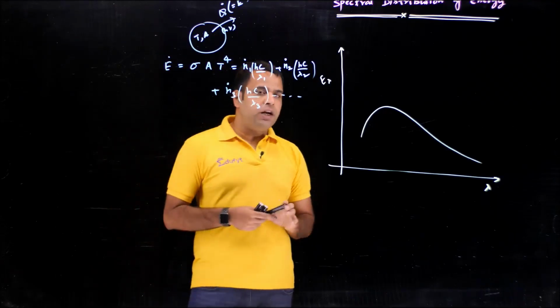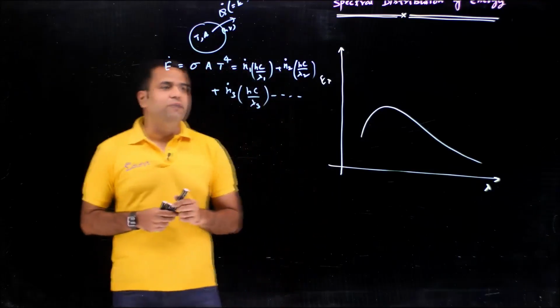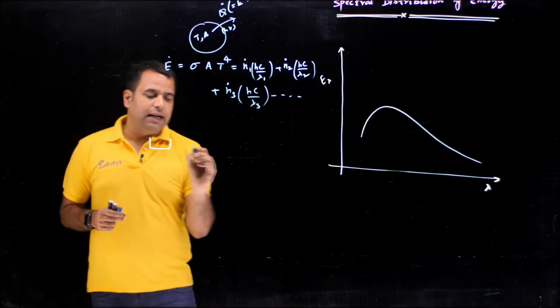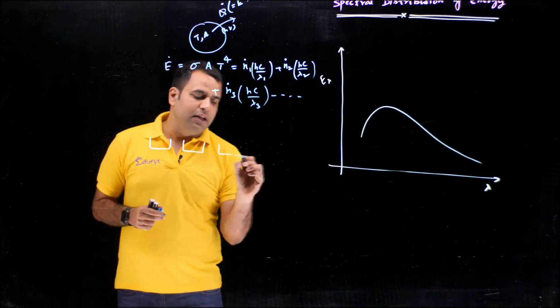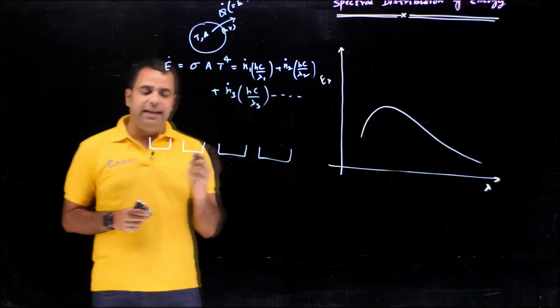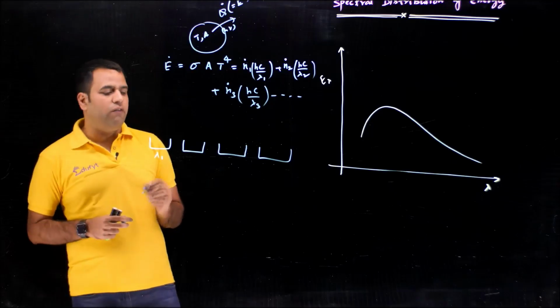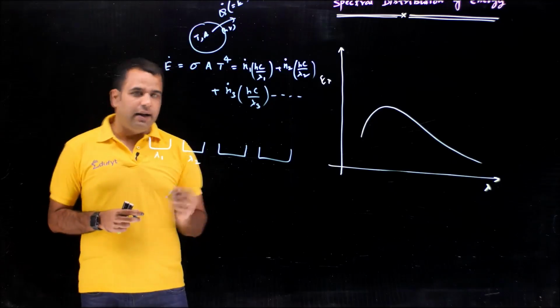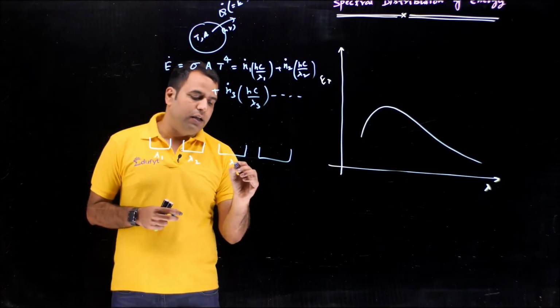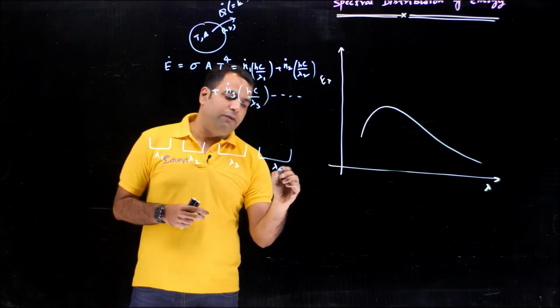This body is continuously throwing a lot of particles having different wavelengths. Over a period of time, suppose we collect those particles in containers: in this container we put lambda 1 wavelength, in this lambda 2, in this lambda 3, and in this lambda 4, as an example.